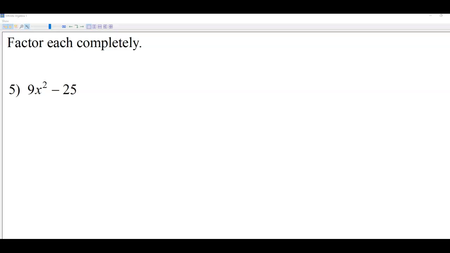So we have a difference of 2 squares here. So we're going to write this. Nicole, what number will go here? 5. You take the square root of that, it's 5, so you put a 5 here, and you put a 5 here. Nice job.